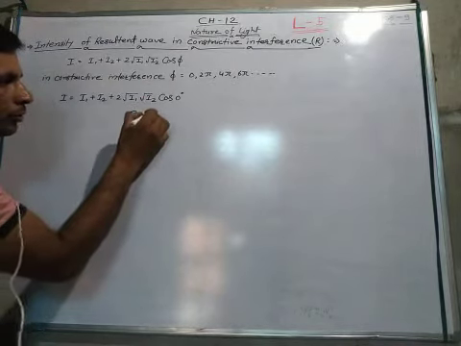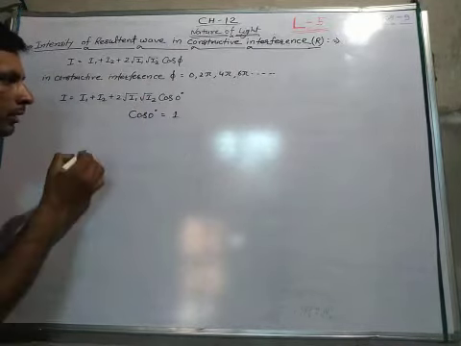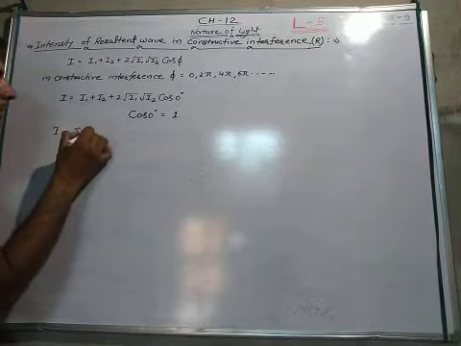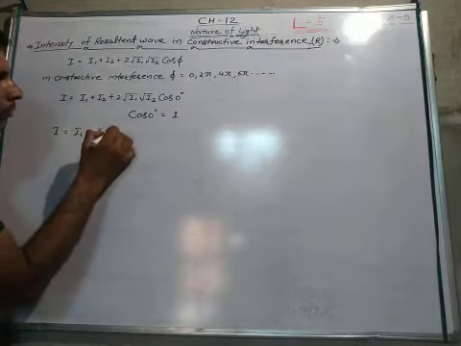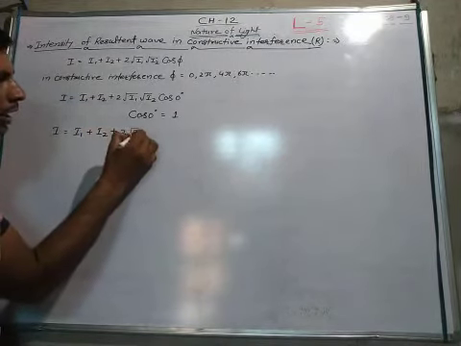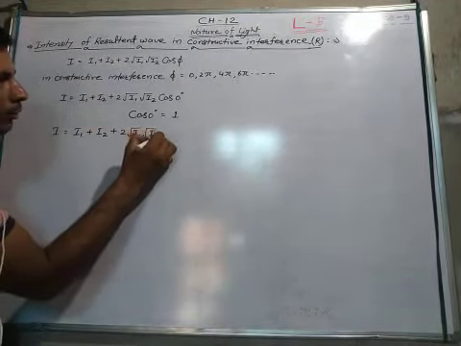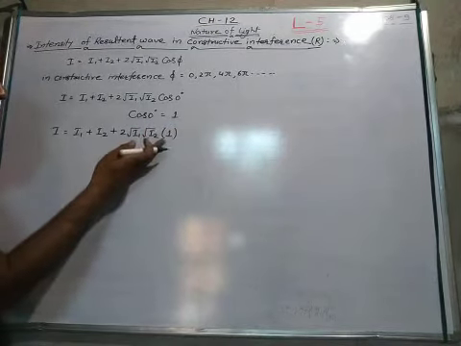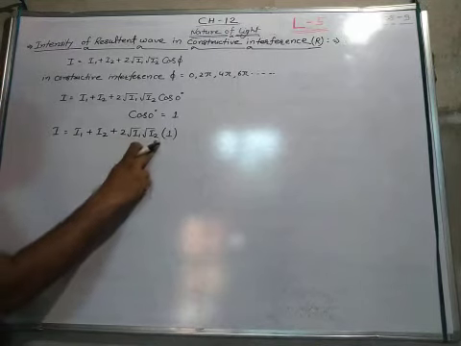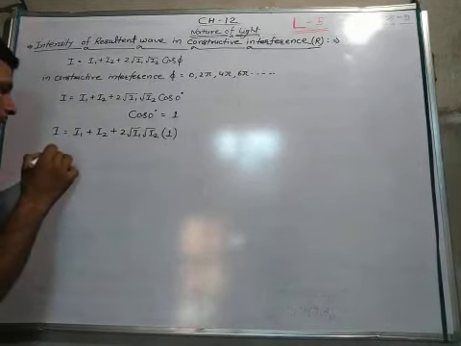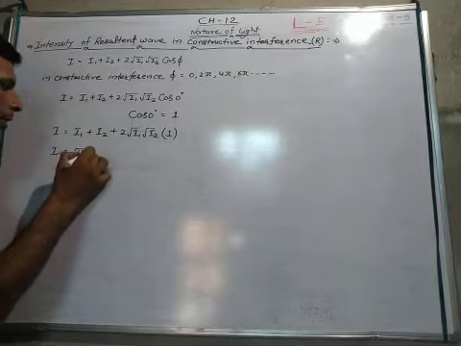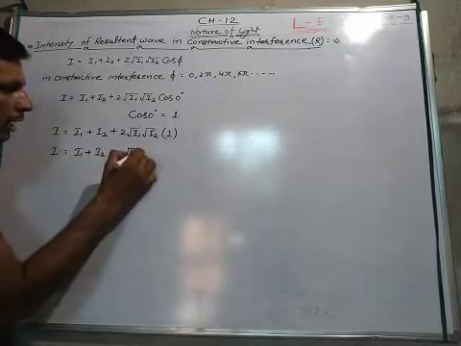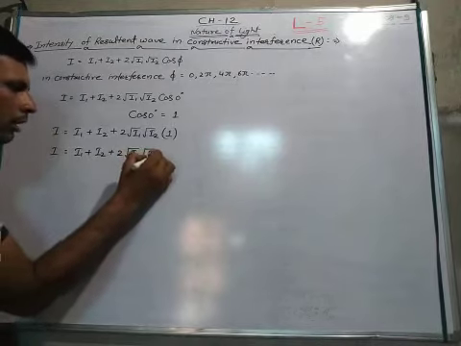The value of cos 0 is equal to 1. So I is equal to I1 plus I2 plus 2 root I1 root I2 into 1. Multiplying by 1 keeps it the same. So I is equal to I1 plus I2 plus 2 root I1 root I2.